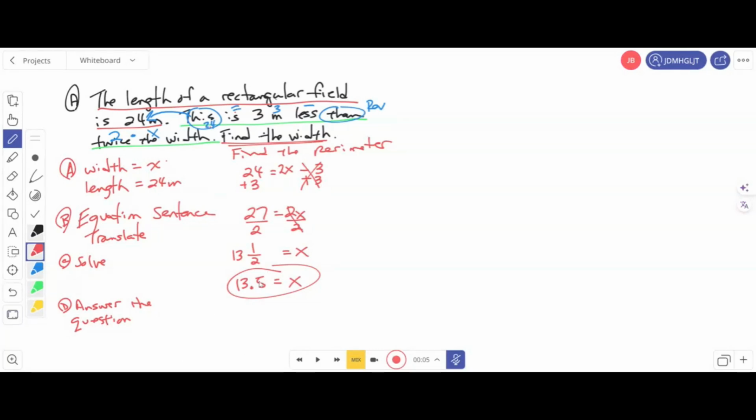So it's not always going to be whatever number you get for x. That's why I say write your answer in words so that you get used to going back and making sure you're answering the question. The question is find the width. The width, x, is 13.5.